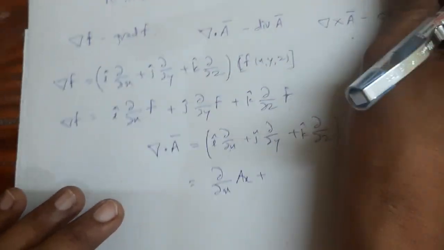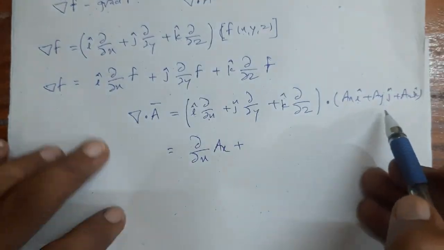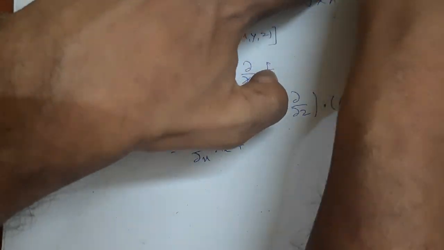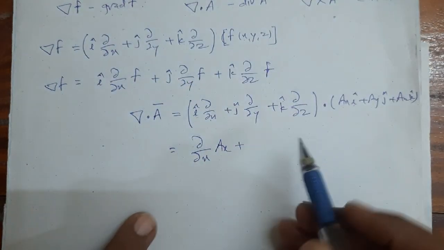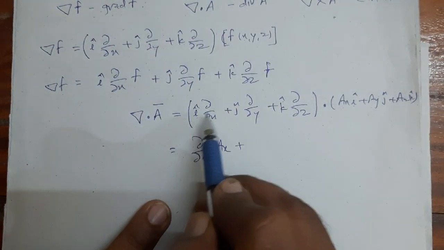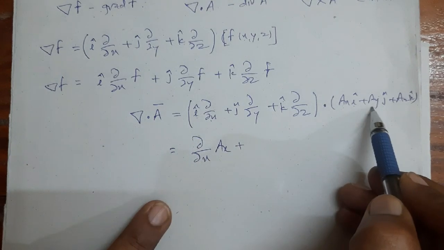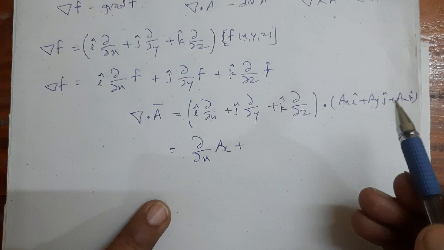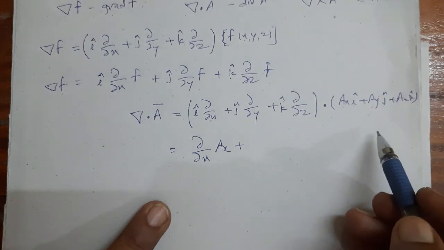But if we think about the dot product of i cap and j cap, that is i dot j, it is equal to 0, and therefore though ∂/∂x of ay may not be 0, i cap dot j cap is equal to 0, and therefore this term will vanish.